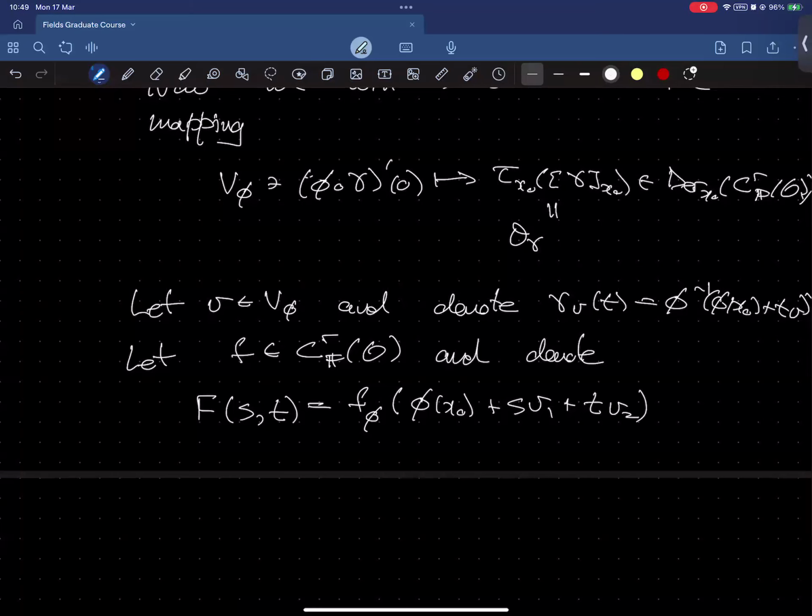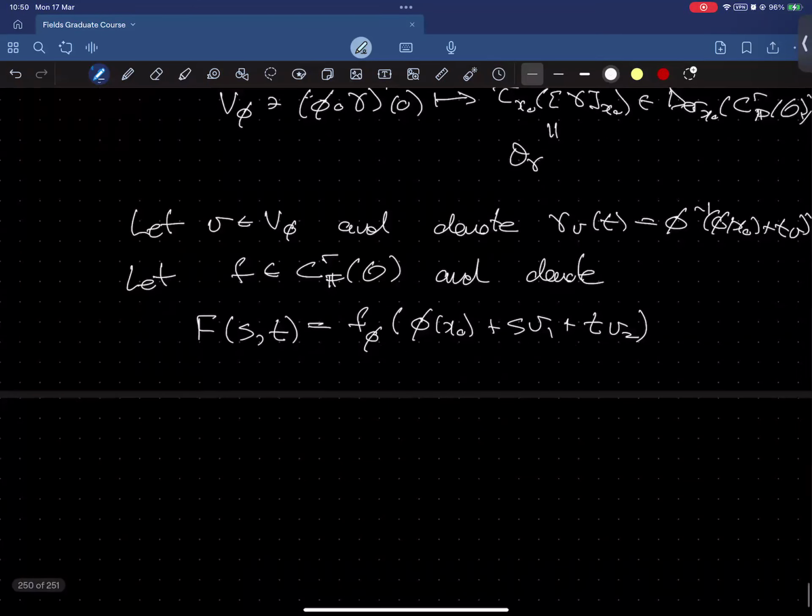So it's a function of two variables. And I'm also going to write delta of t to be t, t. Okay, and why do I denote these two symbols?